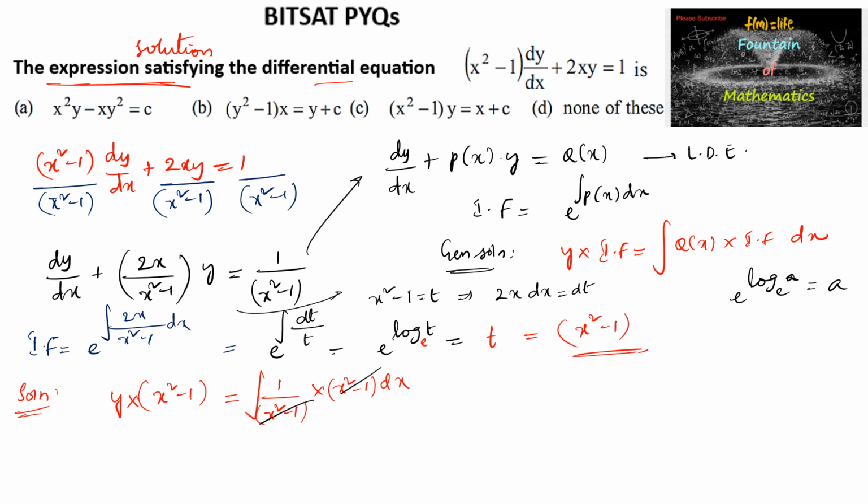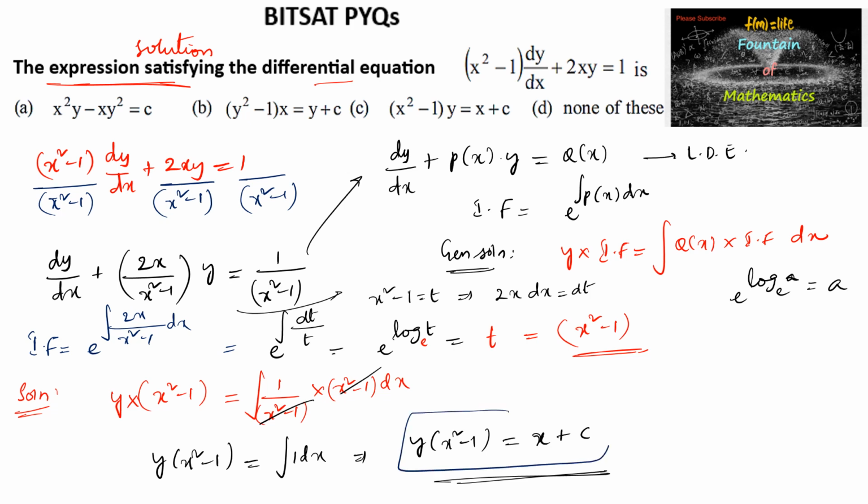So y into (x square minus 1) is equal to integration of 1 dx, which implies y times (x square minus 1) is equal to x plus integral constant c. So we can go with the option y times (x square minus 1) = x + c, which is option C.